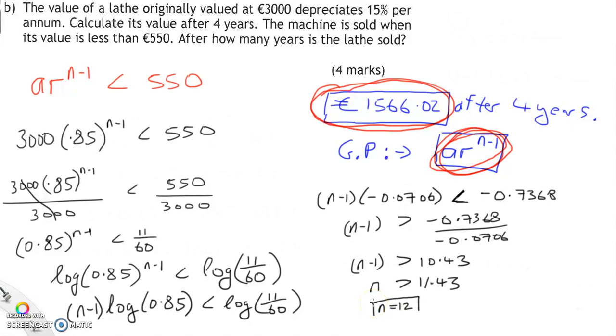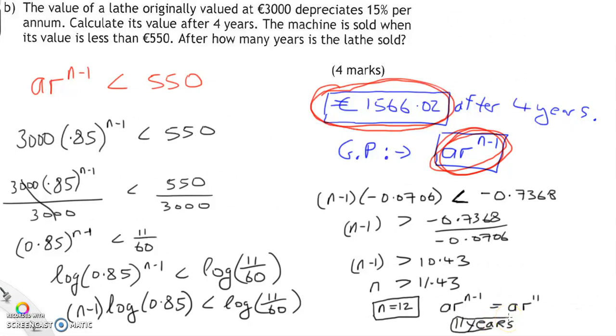And if we think about the number of years to get down to a figure less than 550, we're using AR to the power of n minus 1. And you see that'll be 12 minus 1, so that'll be AR to the power of 11. So the answer is 11 years.